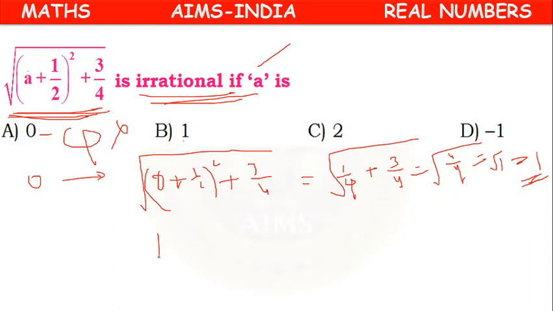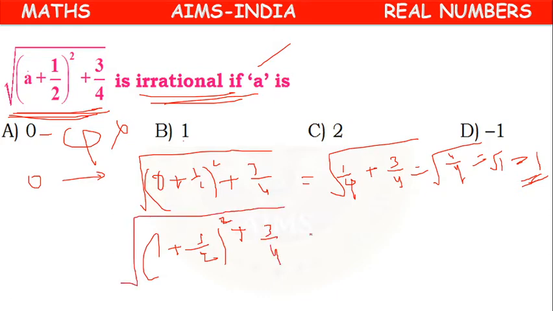Let's keep 1. 1 plus 1 by 2 whole square plus 3 by 4 under root.